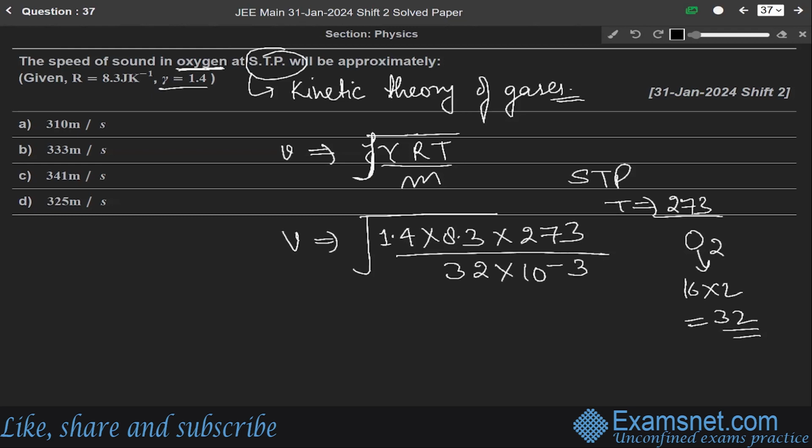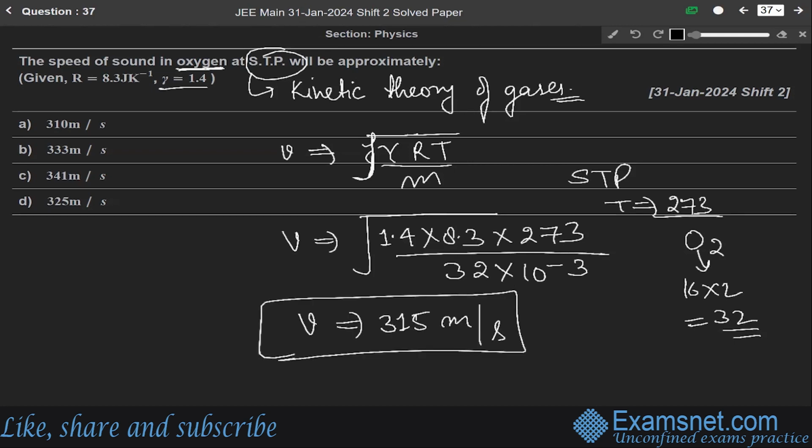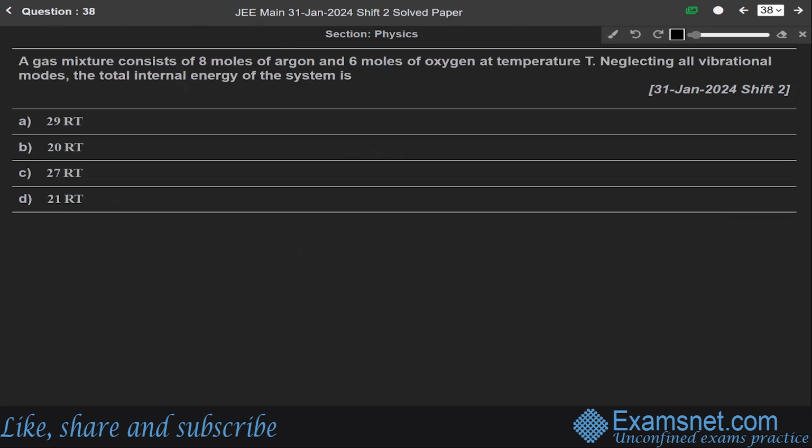Solving it, we get V equals 315 meter per second. So the correct answer is approximately 315 meter per second, option A.